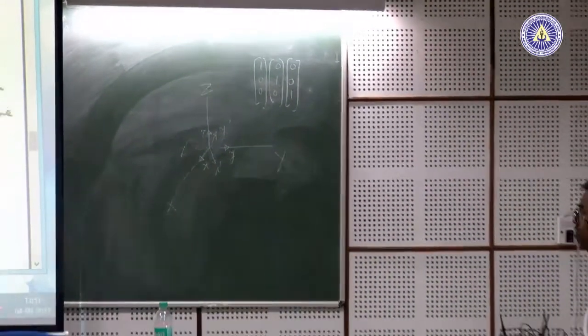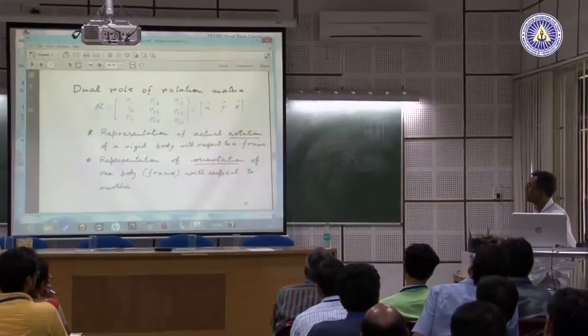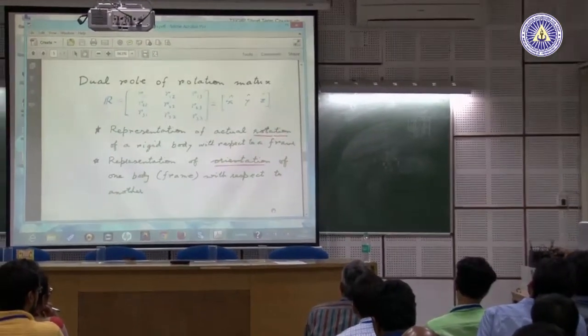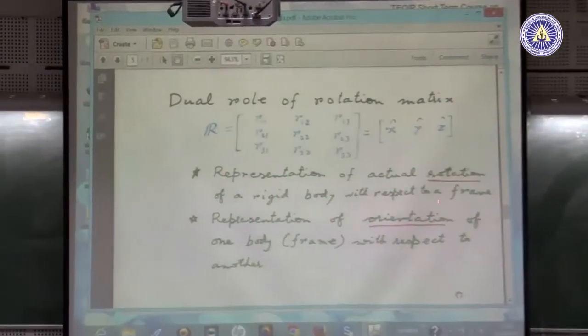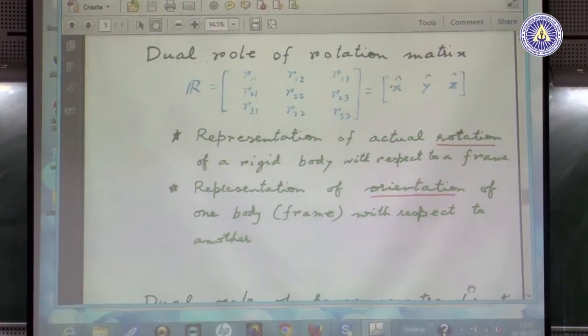So, the same 3 by 3 orthogonal matrix that represents an actual rotation will also represent the orientation of the rotated body. Okay. Fine, we continue.